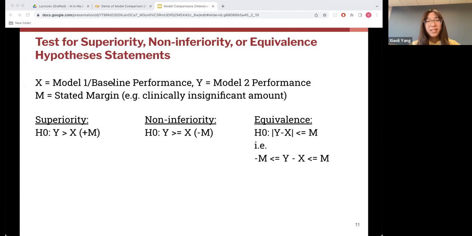And finally, for the equivalence test, we are stating that we want the difference between Y and X to be constrained within an interval M. Also a note here is that although I use M on both sides, it's sometimes not necessary to have equal length on both sides. For example, this can be M1, and this can be another number, for example minus M2. They do not have to be symmetric. It really depends on the situation and on what number you choose. Makes sense.